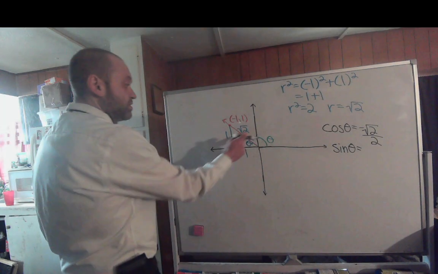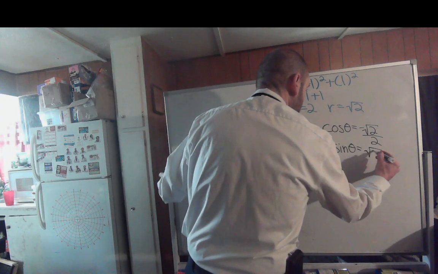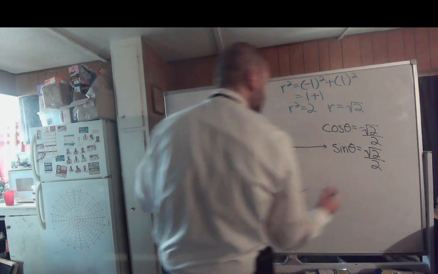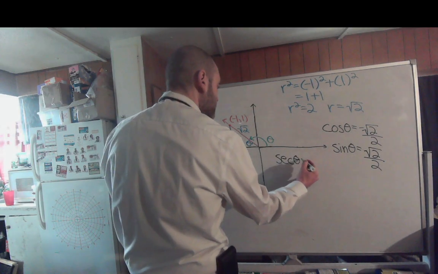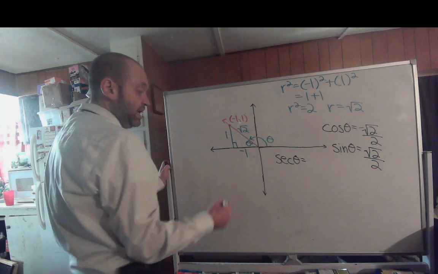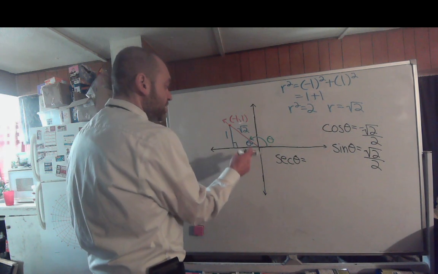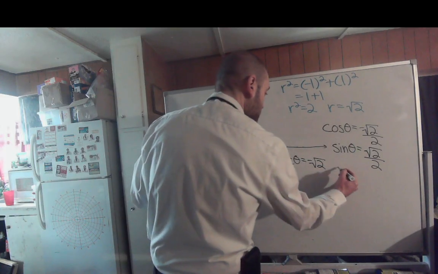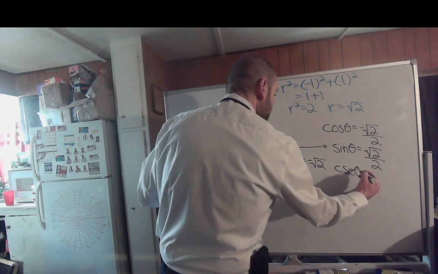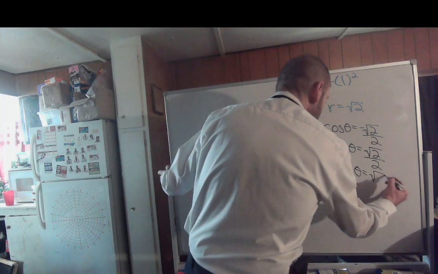That'd be opposite over hypotenuse, so 1 over the square root of 2 is the same as positive square root of 2 over 2. Alright, now the secant of theta, that's going to equal then, of course, the hypotenuse over your adjacent, so that'd be negative of the square root of 2. Cosecant of theta equals hypotenuse over opposite, so that'd be positive square root of 2.